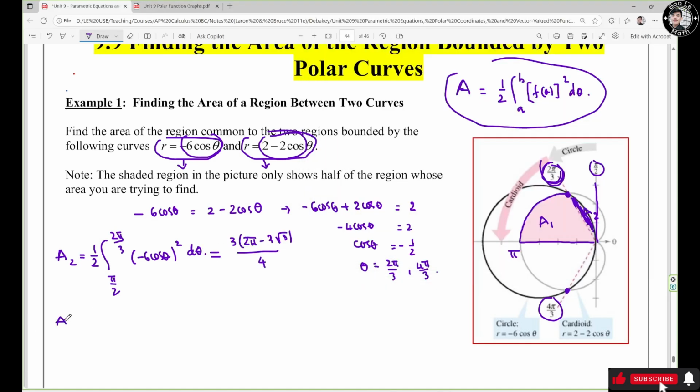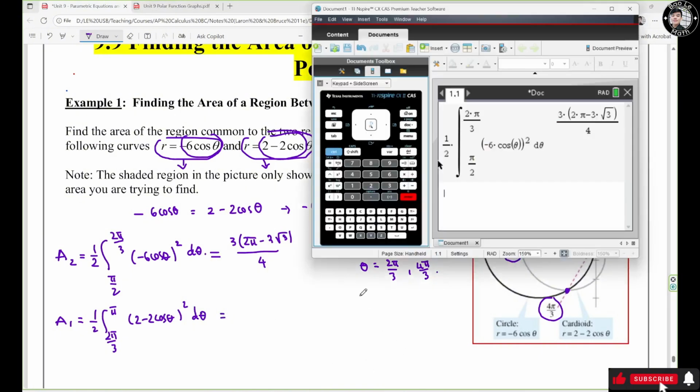Now, to calculate the area A1, we use the same formula, 1/2 times the integral from 2 pi over 3 to pi. In this situation, we need to use the equation of the cardioid, so it's 2 minus 2 cosine theta squared d theta. Then we go to the calculator.